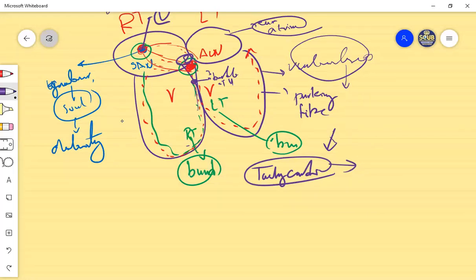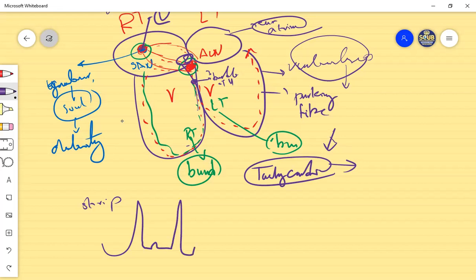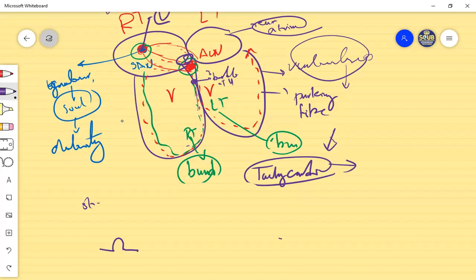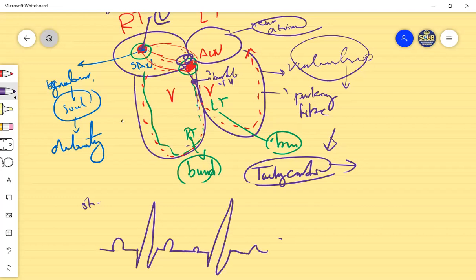Okay, how are you going to count the heart rate? You will find on the strip something like this. Let me draw it. You will find it like that. Then one, then a small one, then a big one.